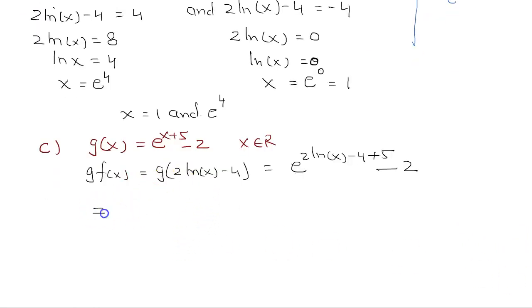So this is equal to e to the power 2 ln x plus 1 minus 2. So that can be written as e to the power 2 ln x multiply e minus 2.